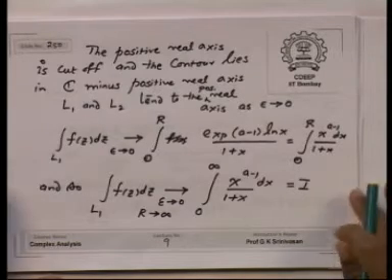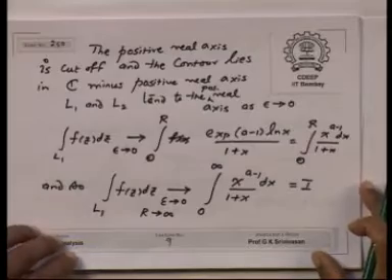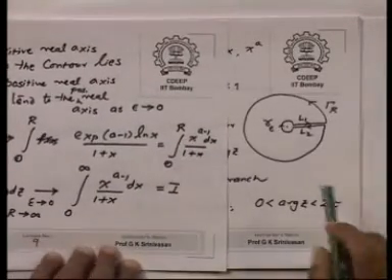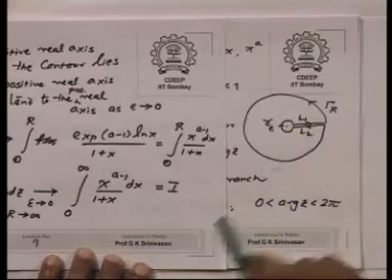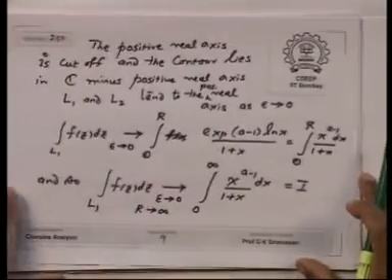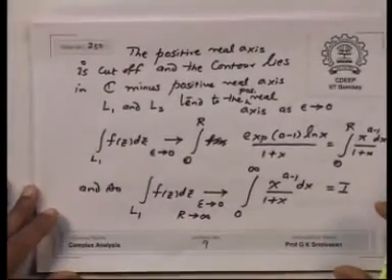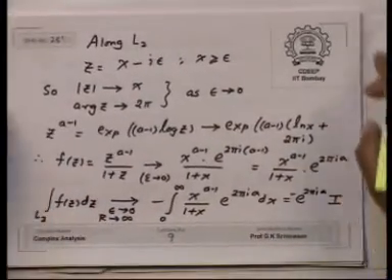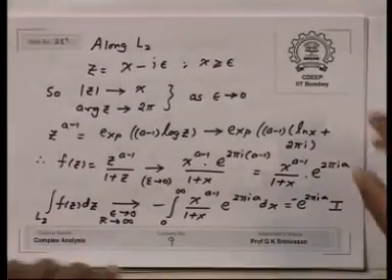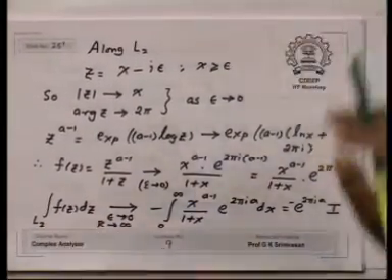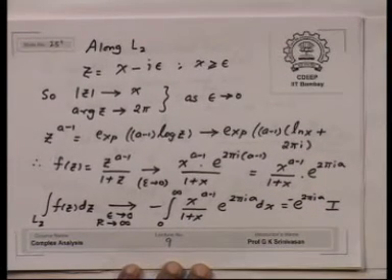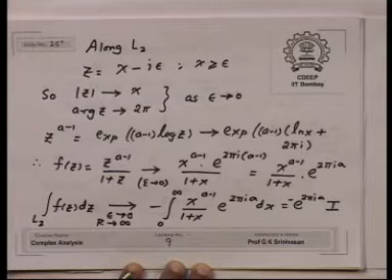Right. So, what is the contribution now from L2? L2 is here in the picture. L2 is from below. What is the story for L2 now? Along L2, what are you going to get? z is x minus i epsilon. It is slightly below the positive real axis.